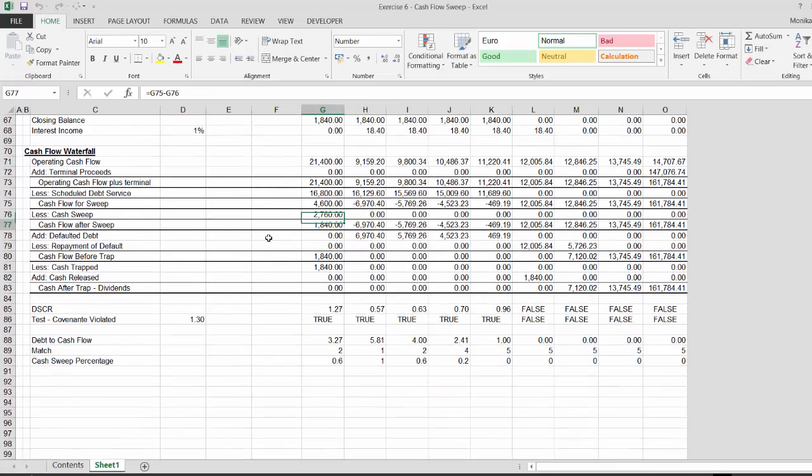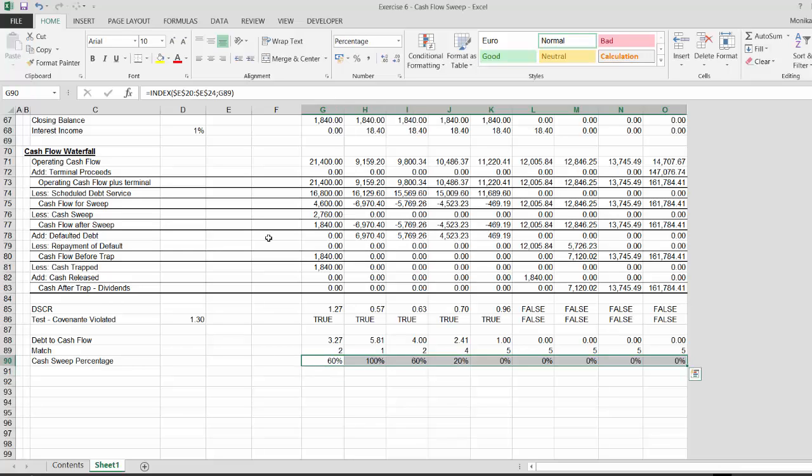In that case, we start with the same thing. We have a cash sweep, and we trap the cash. In the next year, let's put a percent here. So we had to keep sweeping the cash. Then in the next year, we had a default, finally a repayment of default, and I don't know why it allowed us to release the cash.